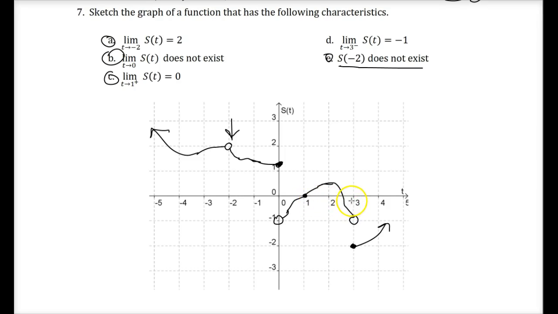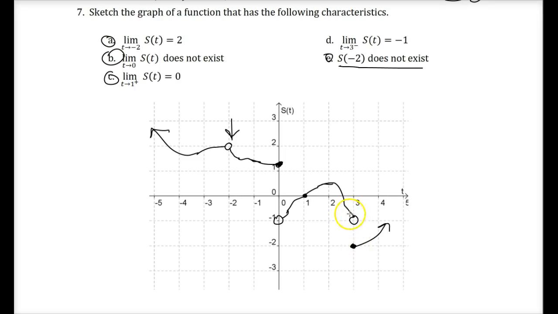And then of course, for t equals 3, coming from the left side, we must show that the function is going towards the y value of -1. And so, again, you could have a closed circle here, you could have an open circle here. Really doesn't matter.